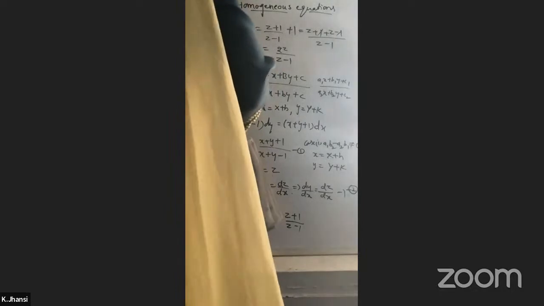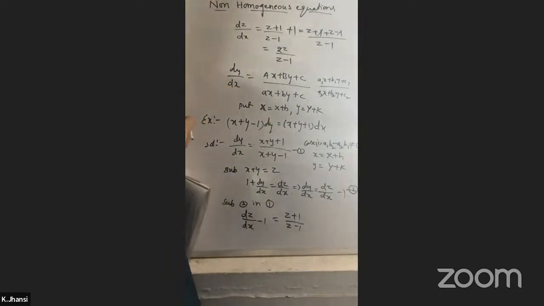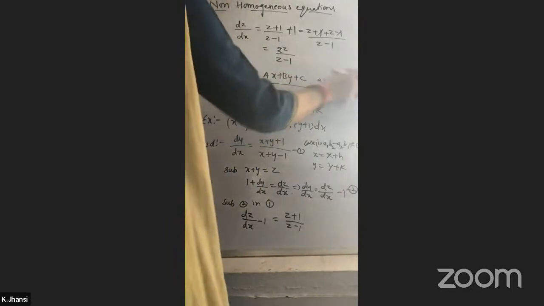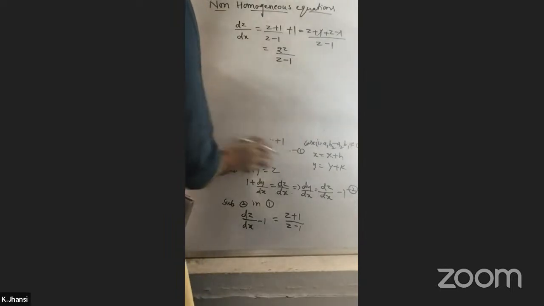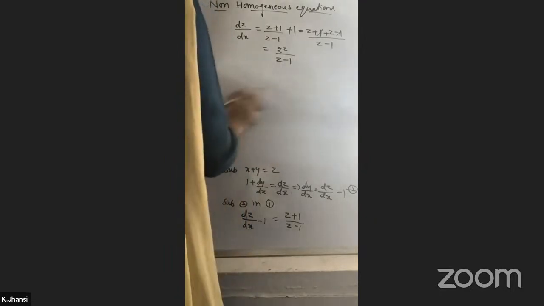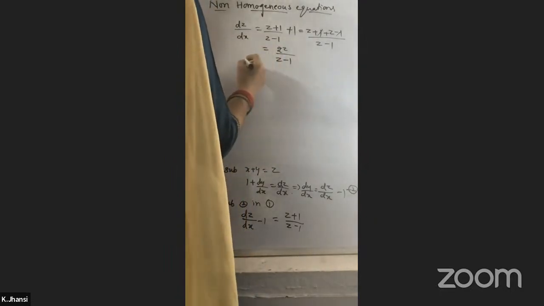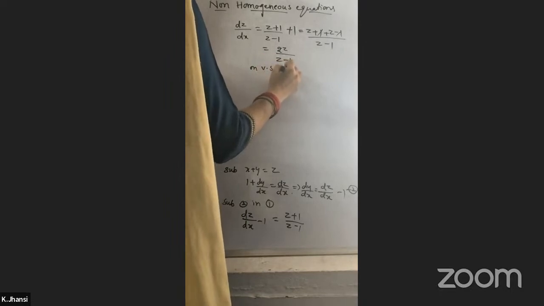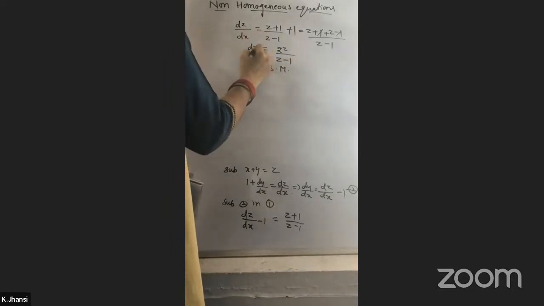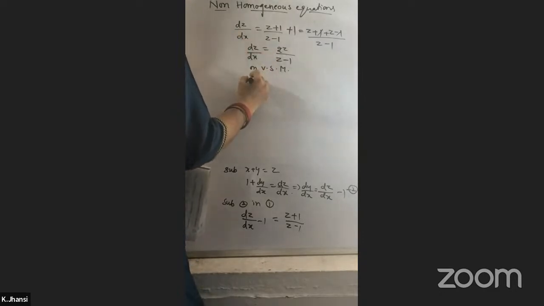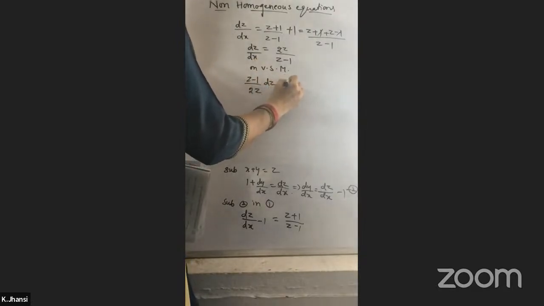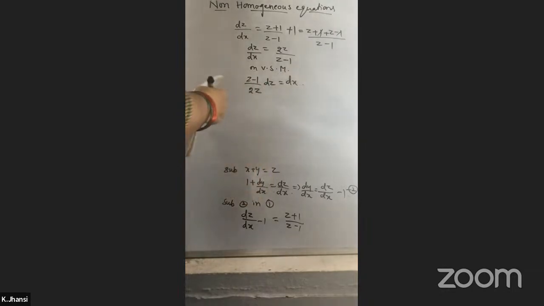Now we have to apply the variable separable method. So here it is dz by dx. If you cross multiply this one, what will we get? z minus 1 by 2z into dz is equal to dx.